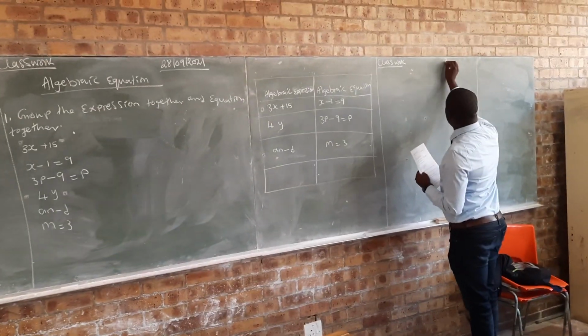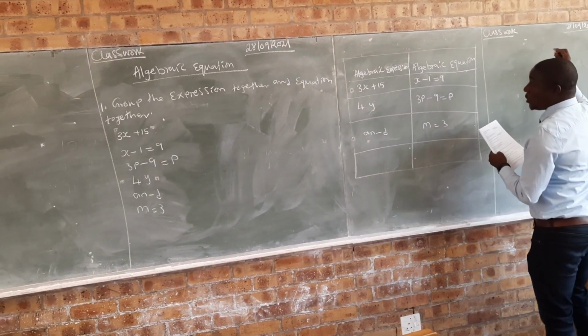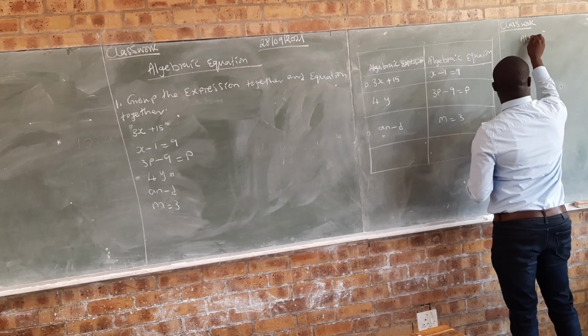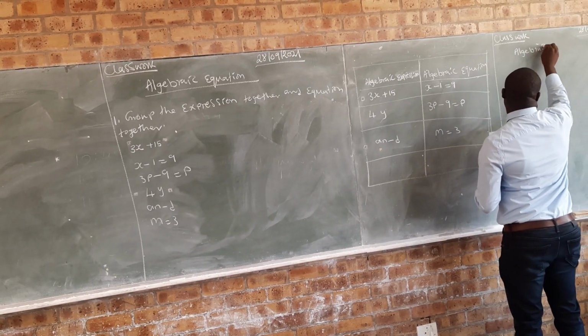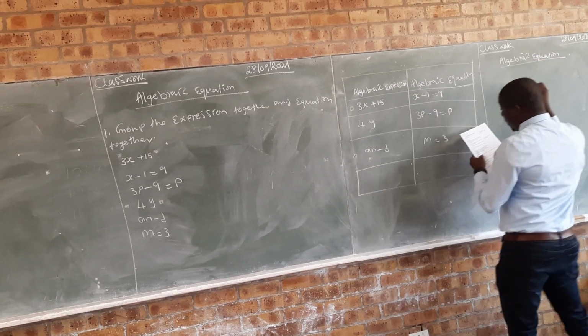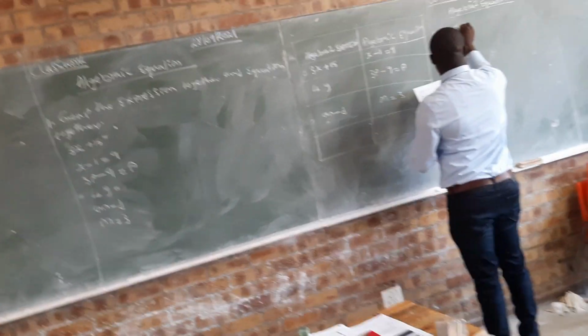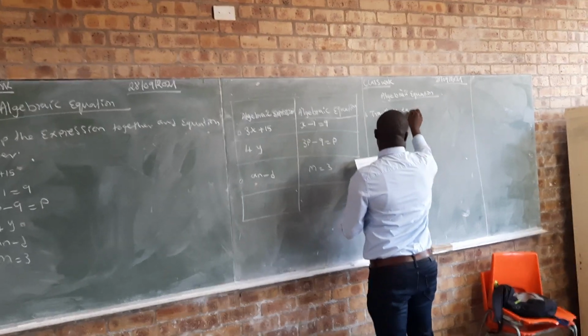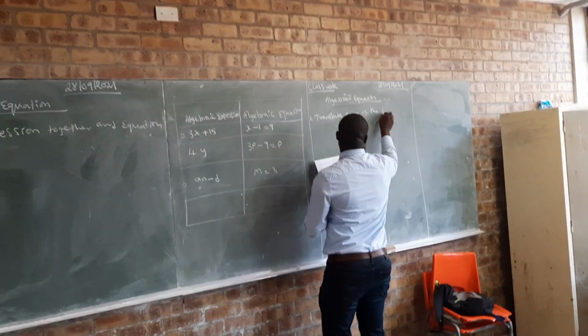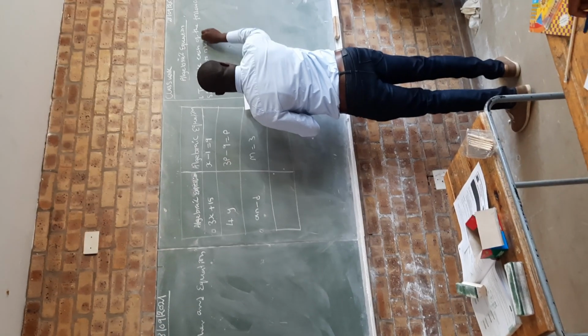The date is still the same, 28/09/2021, and the topic is still about the algebraic equation. It says: translate each of the following situations to mathematical.